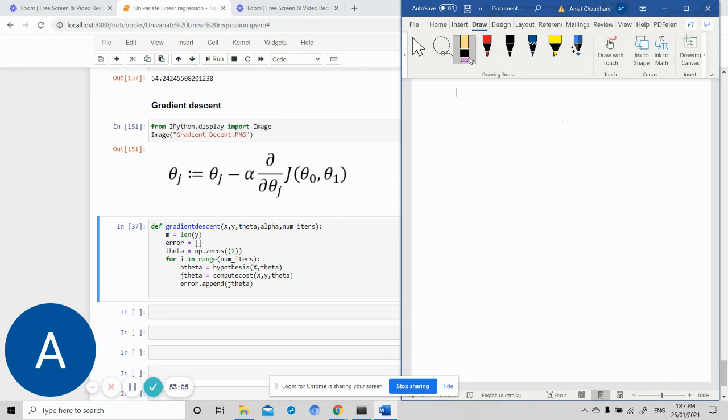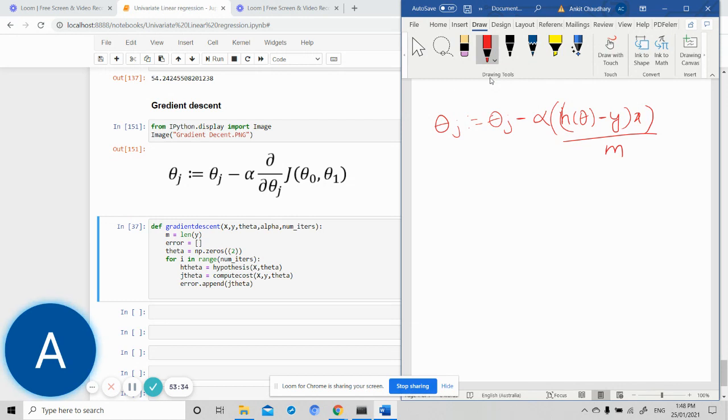So my theta of j will be theta of j minus alpha. This is my learning rate, and it will be h of theta minus y times x, and this whole will be divided by m.